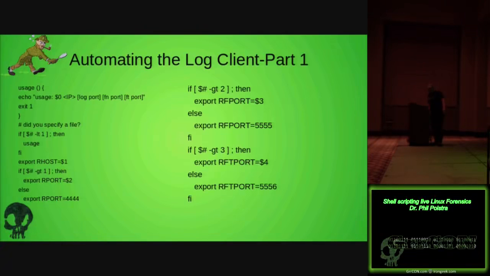And that's why I have just a whole bunch of if-then statements, where I say, did you give me an IP address? Because I need at least that. And I set things. If you didn't give me things, I set defaults all throughout this script, and that's it. It's just setting these environment variables.